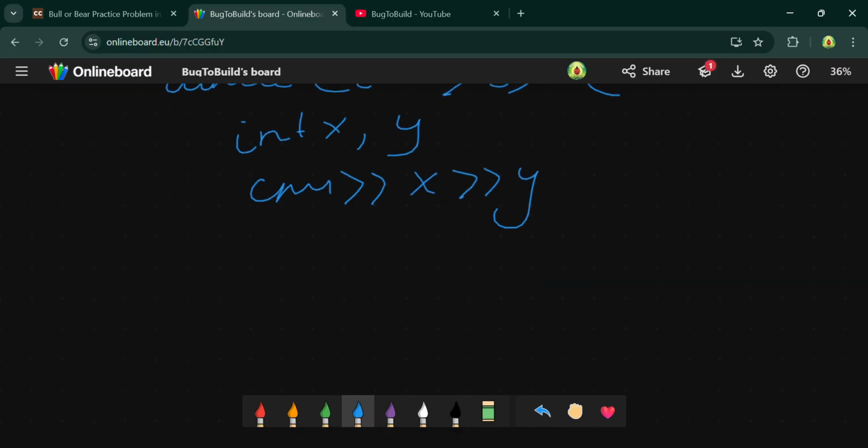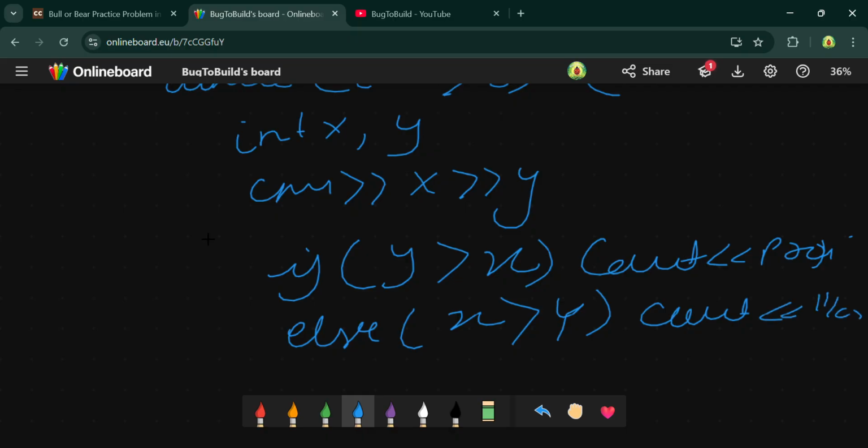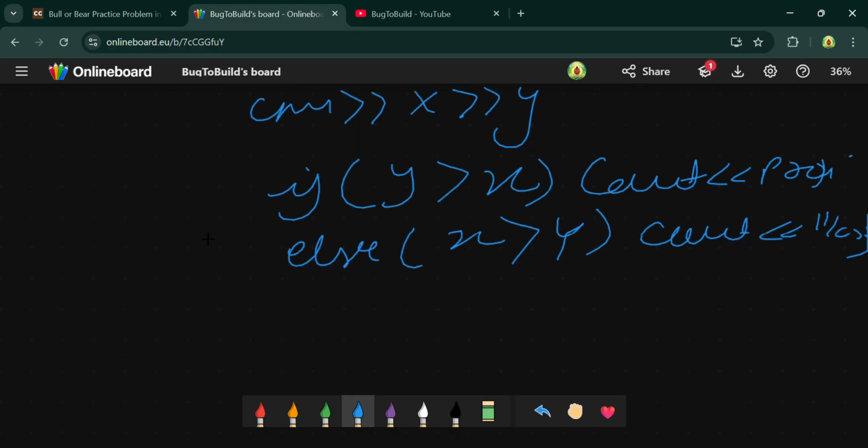Then you check if y is greater than x, then cout profit. Else if x is greater than y, then cout loss, and if it is equal, else you just have to print neutral.